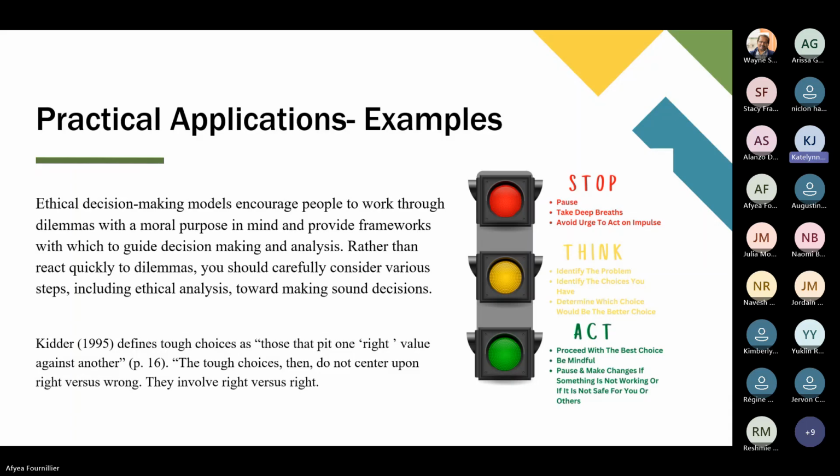Next, we're going to think. We're going to identify the problem, identify the choices we have, and determine which choice will be the better choice. And then act, which is green. We are going to proceed with the best choice, be mindful, and pause and make changes if something is not working or if it is not safe for you or others. Okay?